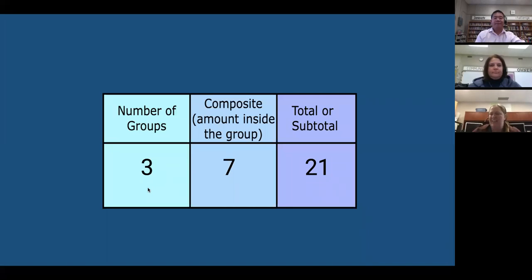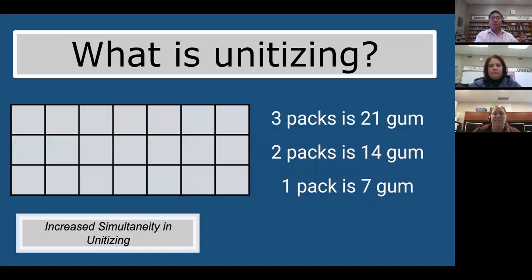So one of the things that students can demonstrate as they're developing more sophistication in multiplicative thinking is that they can show more simultaneity in thinking about these three components of the problem. In our image here, they might talk about the fact that 1 pack is 7 gum, 2 packs is 14, and 3 packs is 21.